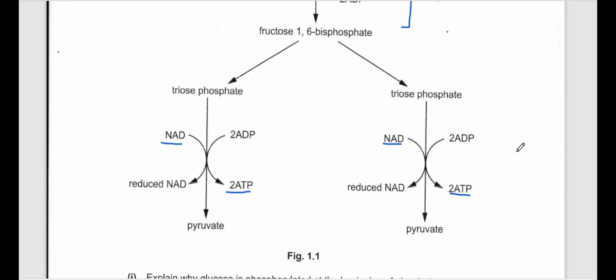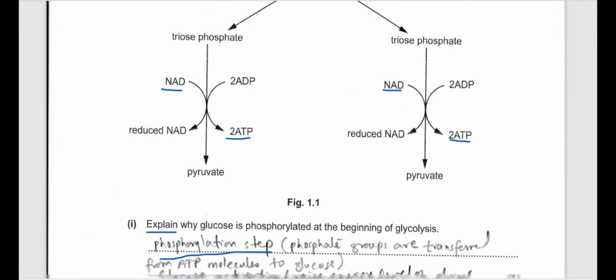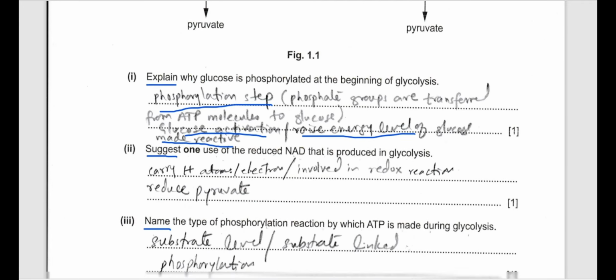Substrate level phosphorylation means when ATP is produced by conversion of one substrate into another, or one compound into another type of compound, and phosphate groups are making ADP into ATP form. That type of reaction we call substrate linked phosphorylation or substrate level phosphorylation.